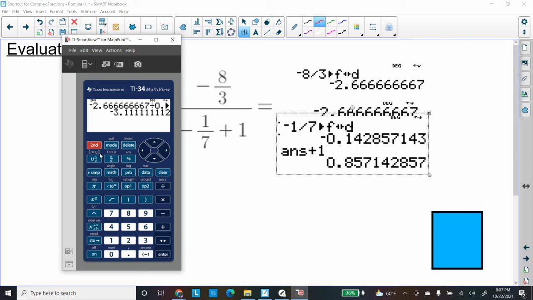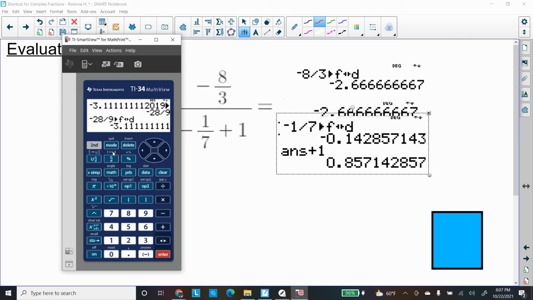Let's see what that is as a fraction. Let me change that to a mixed number. If you remember, second and the ABC button this time, and you get an improper fraction of negative 28 over 9. And if we change that to a mixed number, second ABC, negative 3.111.